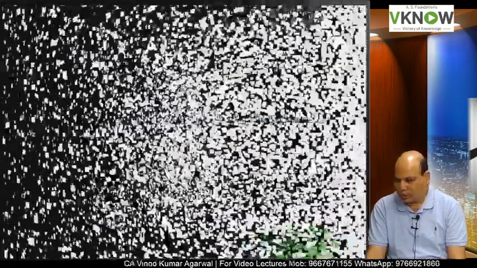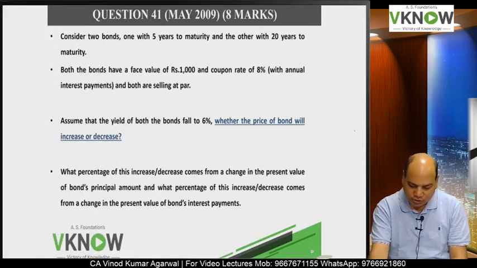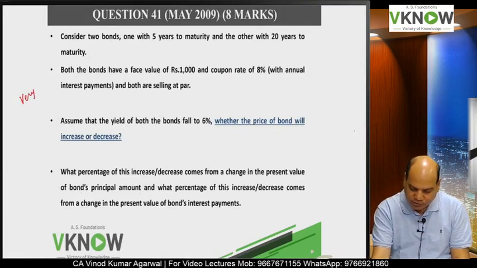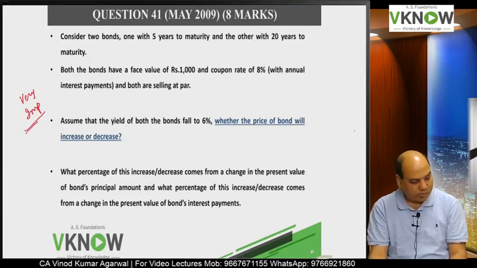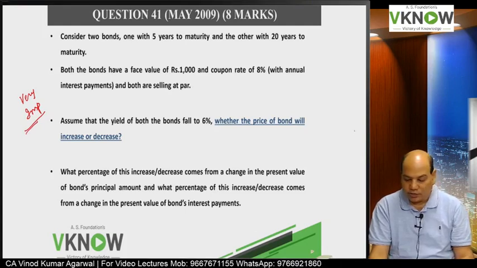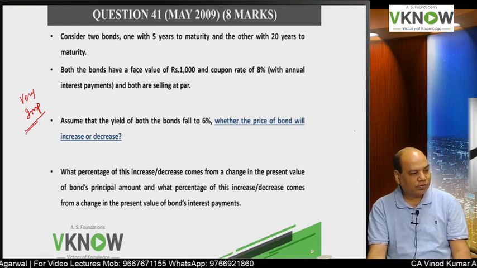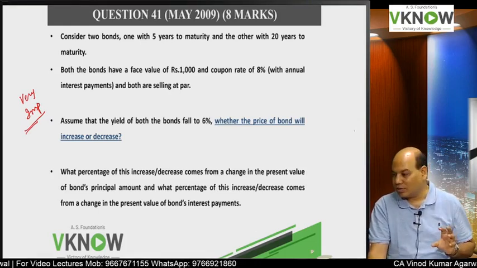Okay, so now we'll come to the next very important question, because it's from the exam. Very important, question number 41, May 2009 exam, for 8 marks. You can easily score these 8 marks. Are you ready for this 8 marks?